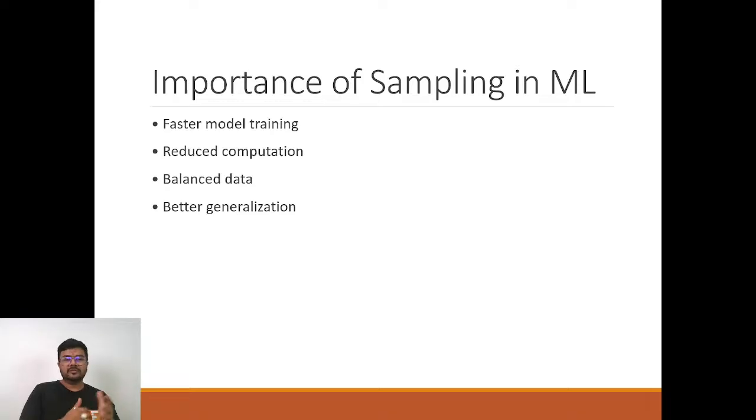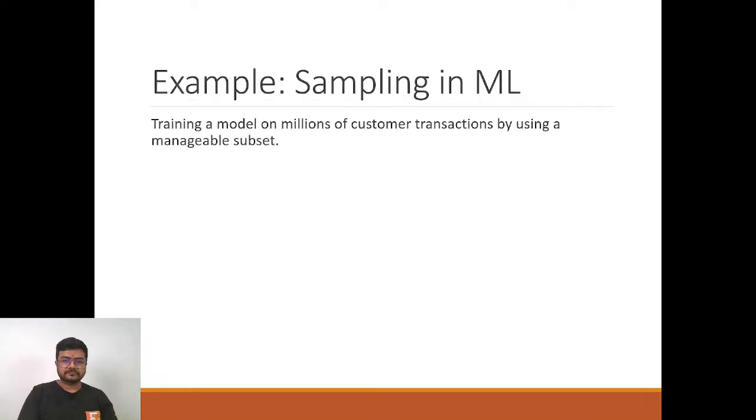We'll be talking about that, and then better generalization. If you want to generalize our machine learning model on our specific data, we can use sampling, and that's why sampling is used in machine learning. Let me take an example. Instead of training our model on millions of customers, we can use a subset of these customers, and not just one subset.